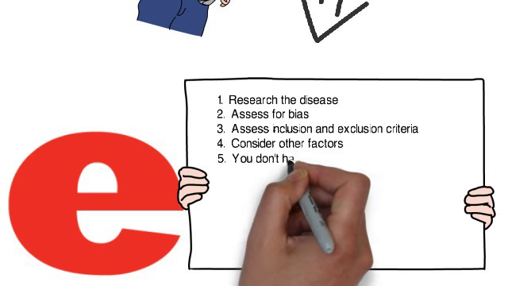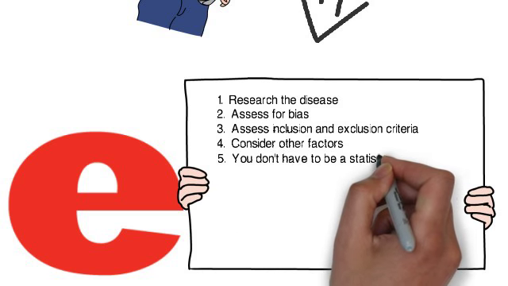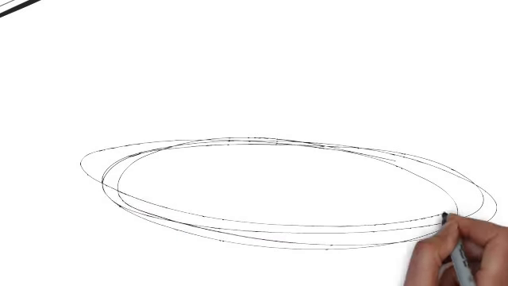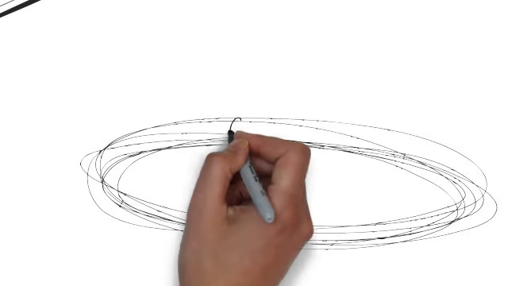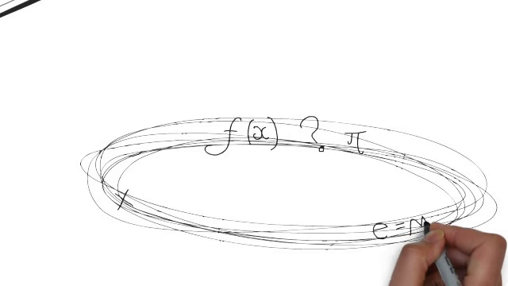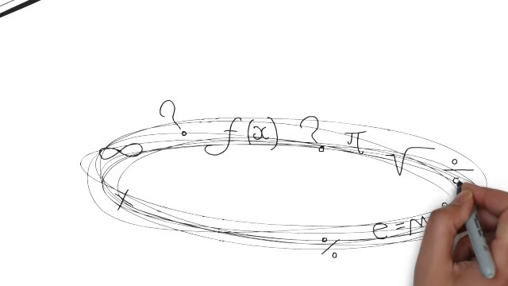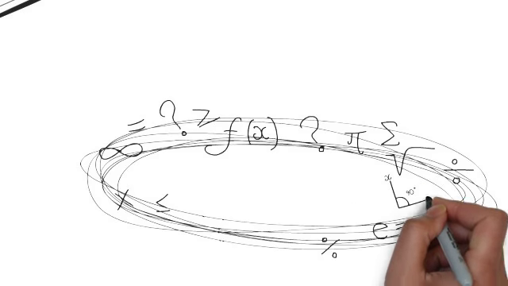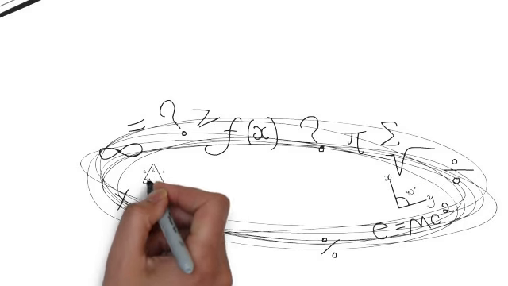Tip number 5, we're halfway there. You don't have to be a statistician, but you do need to be able to connect whether the right statistical tests were used based on the outcomes that were studied. You need to look at the outcomes, look at the type of data, assess the study design, and whether or not there were confounders.